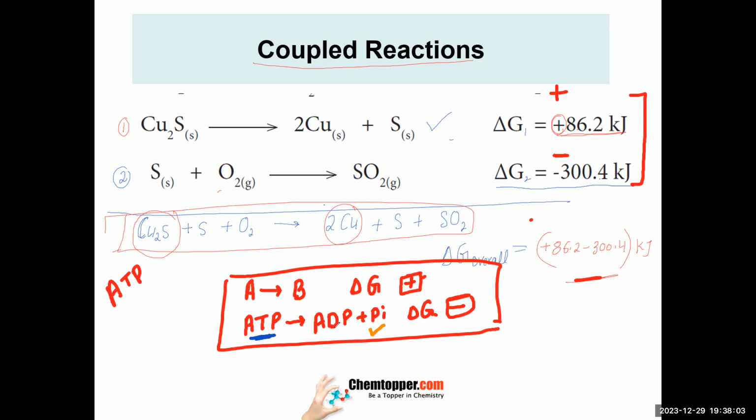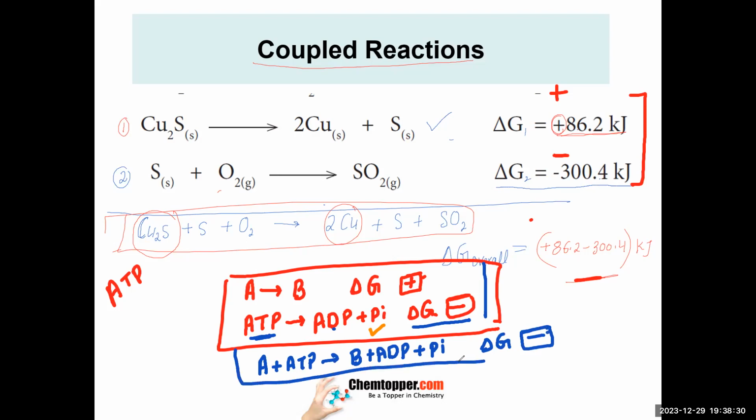ATP breaks down into ADP and Pi. This one has a very high negative delta G. When these two reactions are coupled like this, A plus ATP giving you B plus ADP plus Pi, so delta G for this reaction is negative.